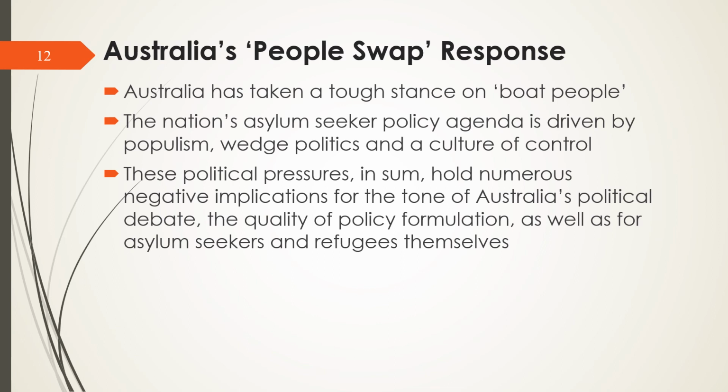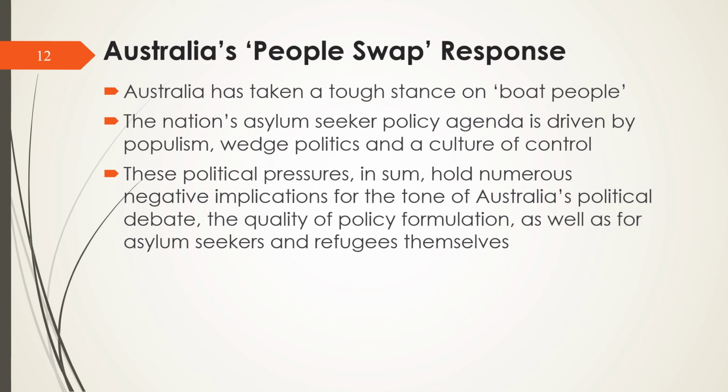What we do find, however, is that populism, wedge politics, and a culture of control were all explanatory factors behind the People Swap. While the use of language has shifted subtly when comparing Julia Gillard's era to John Howard's era, at its core, the policy debate remained the same.